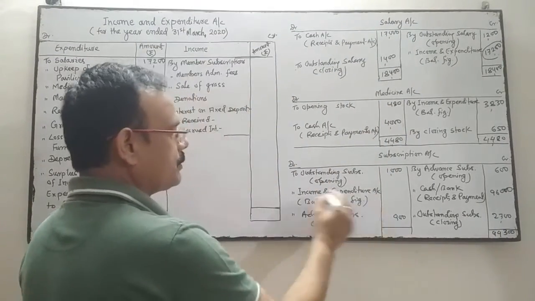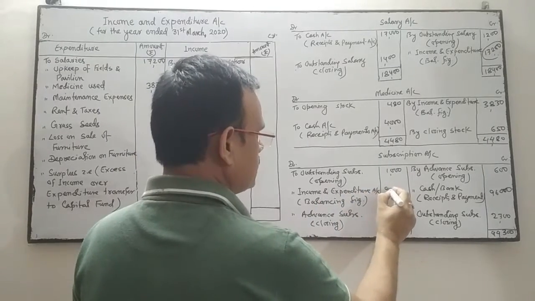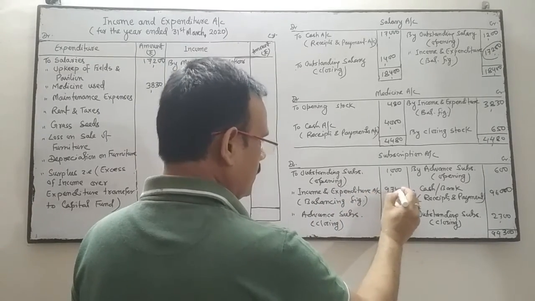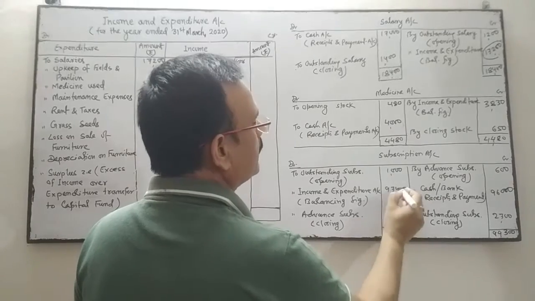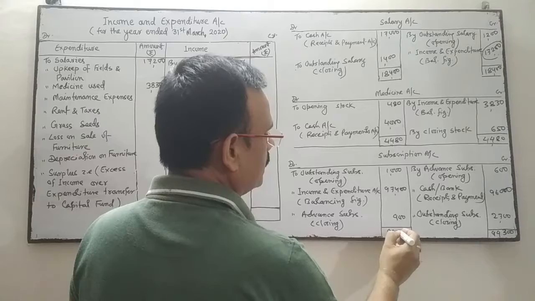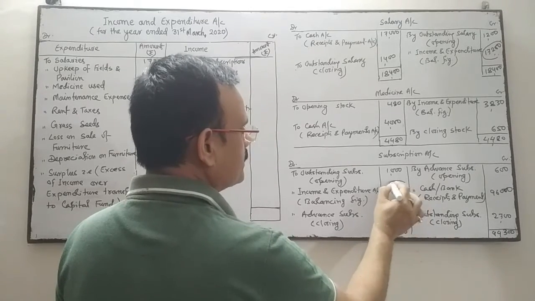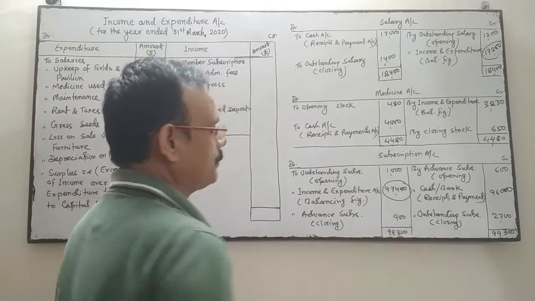So the difference amount transferred to the income and expenditure account is 97,400. You write the same amount over here and find out the difference amount, 97,400.